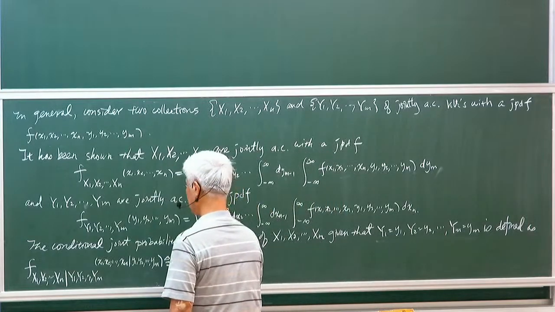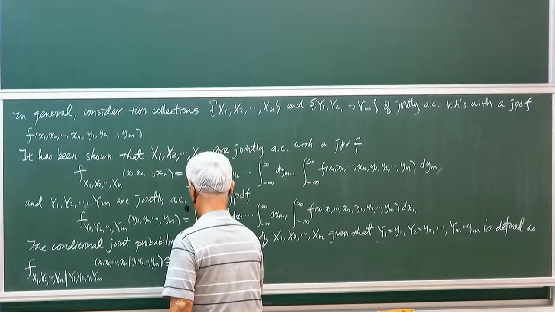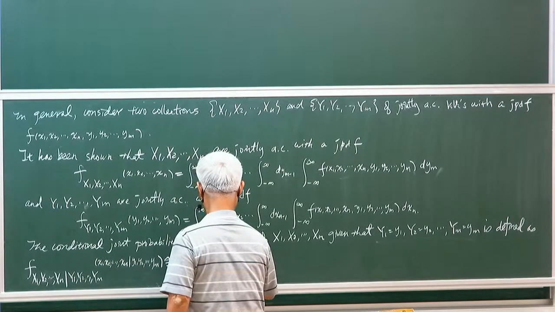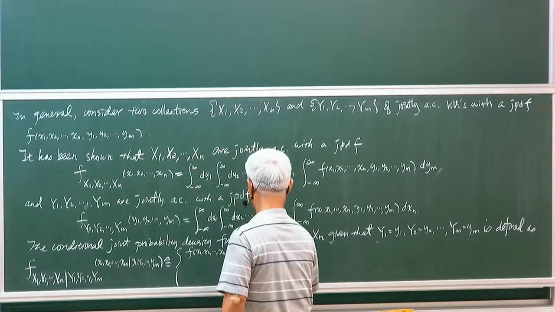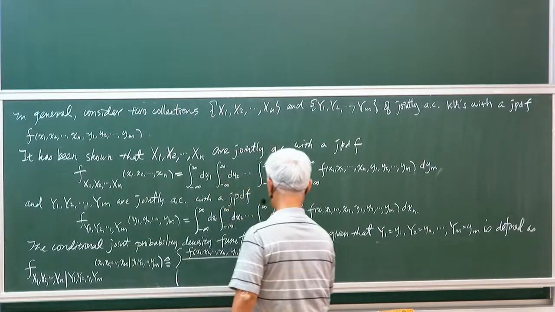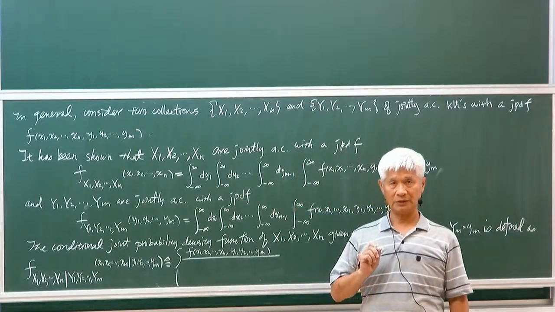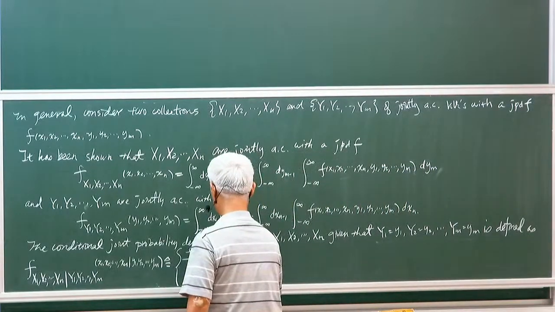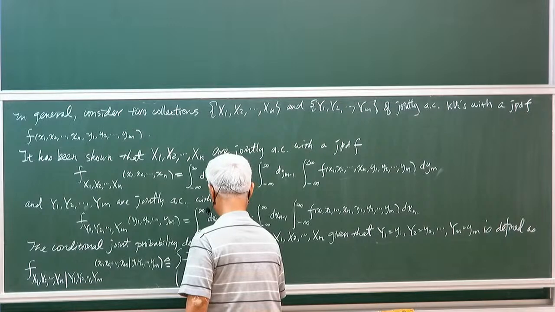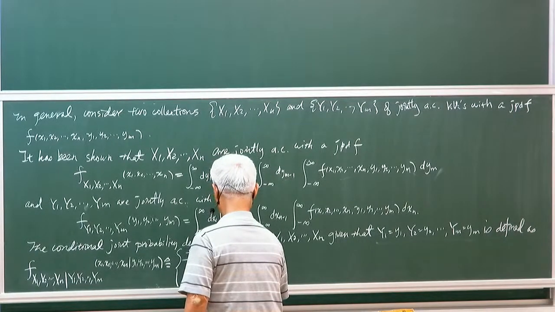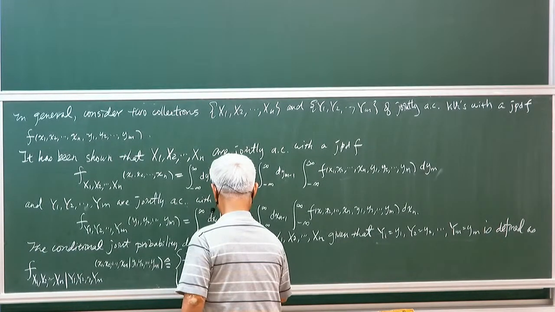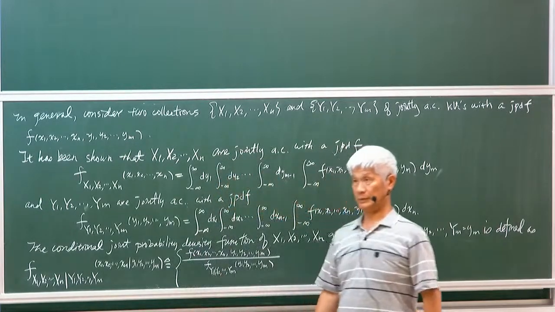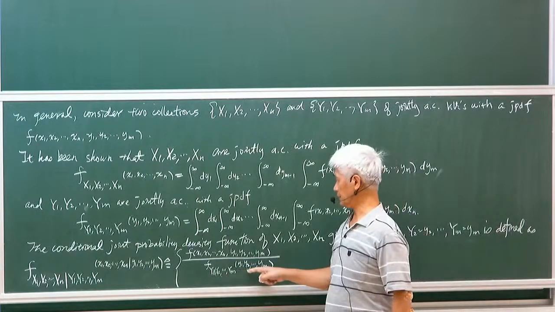The first case is that the joint PDF of this m plus m random variables divided by the marginal joint PDF of the y random variables.